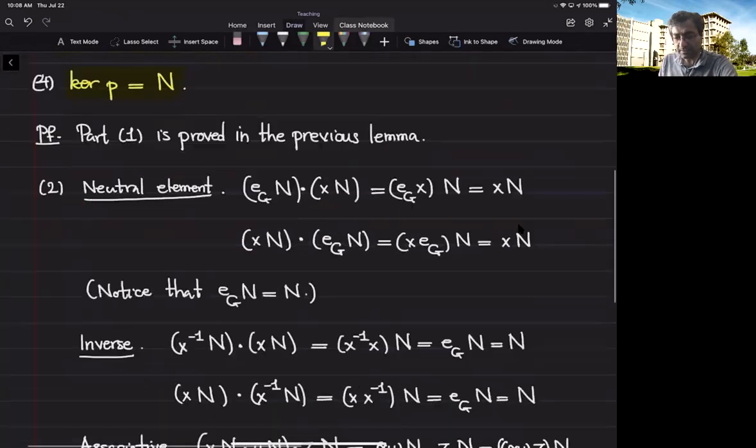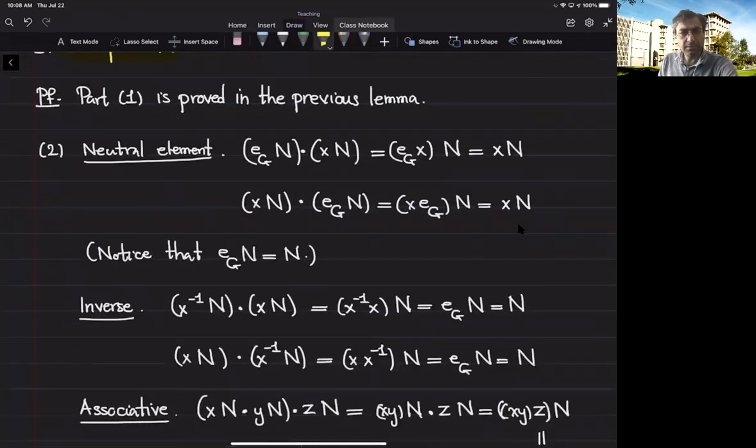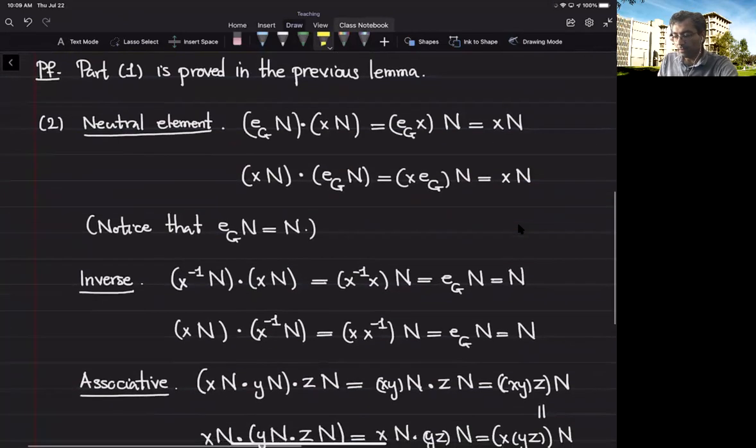As I have indicated, part one, meaning the fact that this product is indeed well defined, had been done before. Now let's check why it is a group with respect to this operation. We start by checking why we have a neutral element.